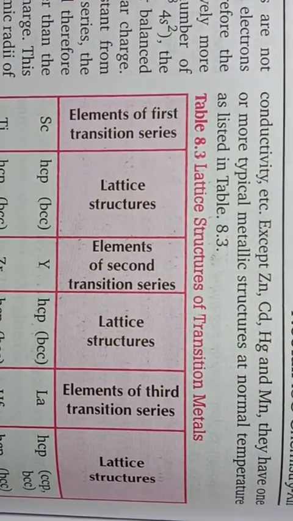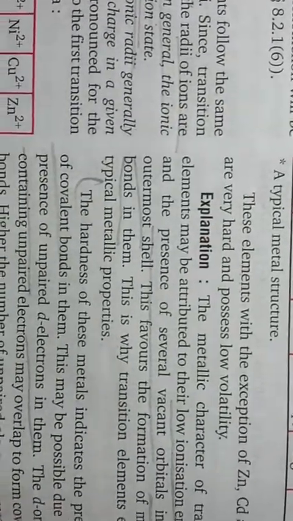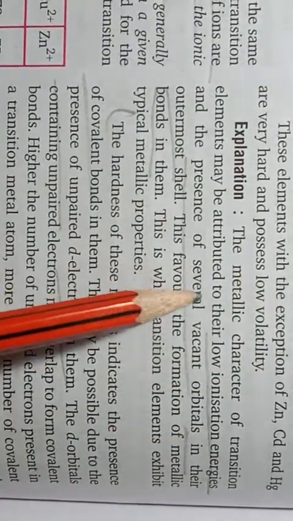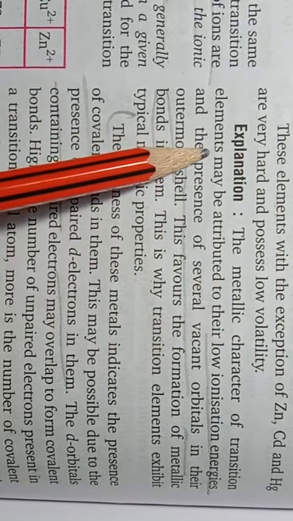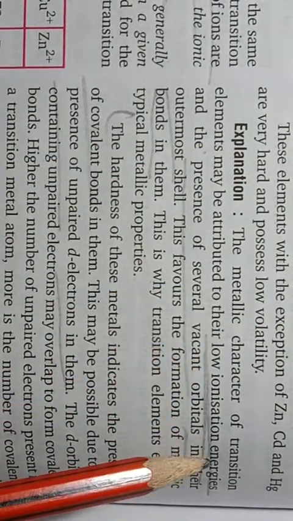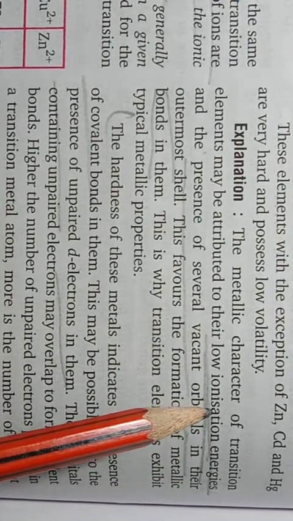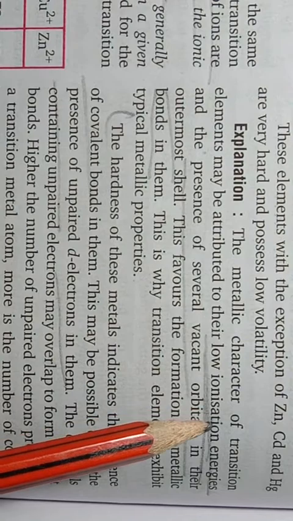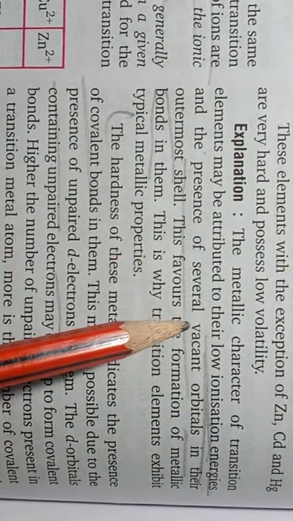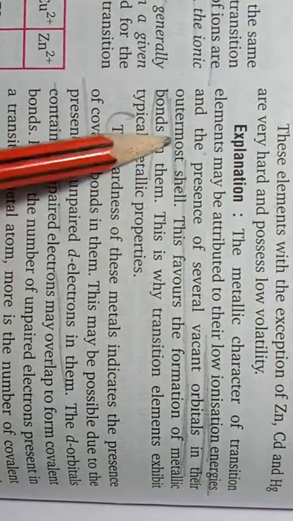The metallic character of transition elements may be attributed to their low ionization enthalpies. All the transition elements have low ionization enthalpy and several vacant orbitals in the outermost d subshell.